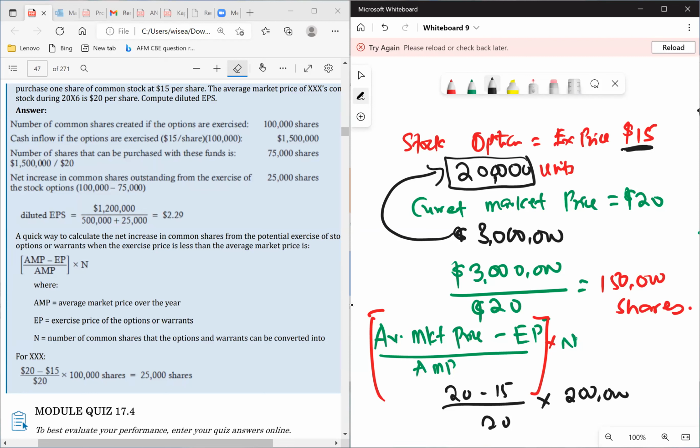Assuming we want to buy the stock from the market, the $3 million, how much stock can it buy? So you divide it by the average market price to know the number of shares. Is that correct? Yes, please. Thank you. Okay.